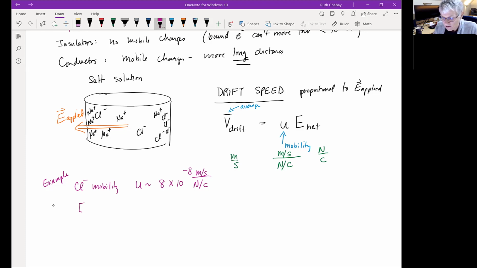So if we have a net electric field of 200 newtons per coulomb inside a beaker of salt water, and of course, we're talking about the net field at the location of a charge.